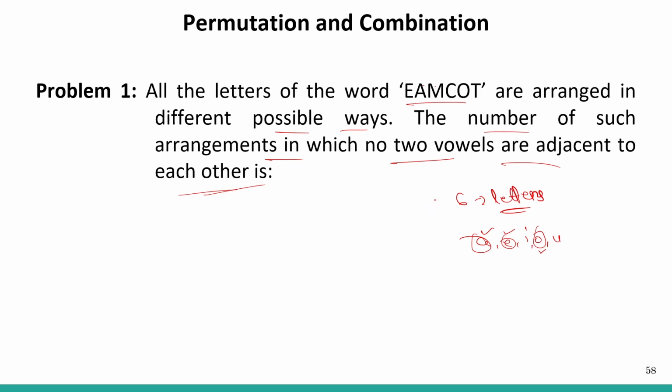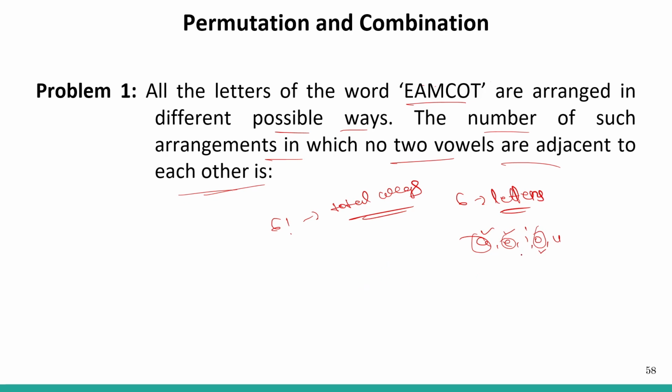Let's see in how many ways this whole thing can be arranged. It can be arranged in 6 factorial ways, because there are 6 letters. So 6 factorial total ways, right? Now let's see the case where 2 vowels are always together. If they are always together, how many possible ways are there to construct that kind of word?